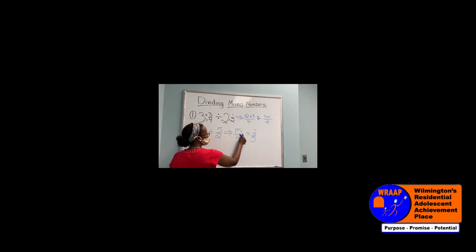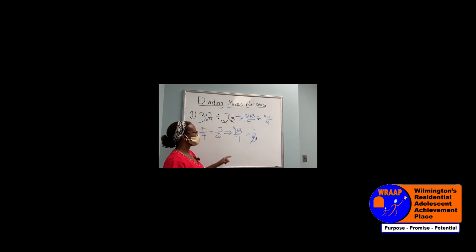So I looked at 15 and 5 and said, oh, wait a minute. Those two share the common factor of 5. So how many times does 5 go into 5? 1 time. So we're going to change this to a 1. And how many times does 5 go into 15? 3 times. So we're going to change that to a 3.